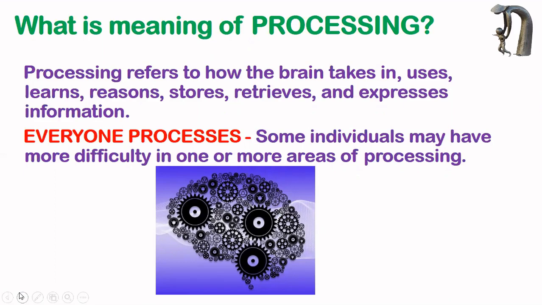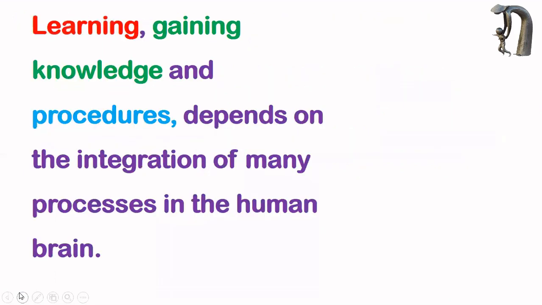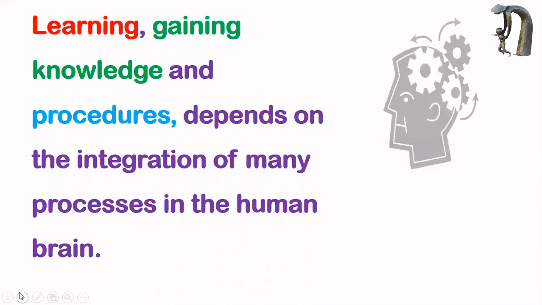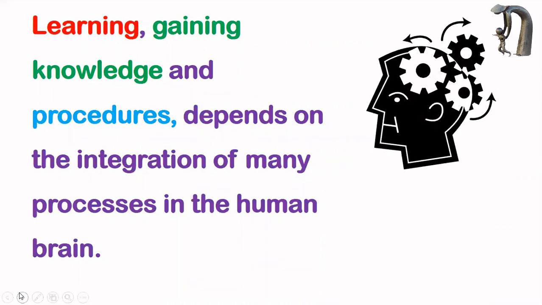So that we need to work on, that we need to understand and try to focus. Now, see, learning, gaining knowledge and procedure depends on the integration of many processes in the human brain.